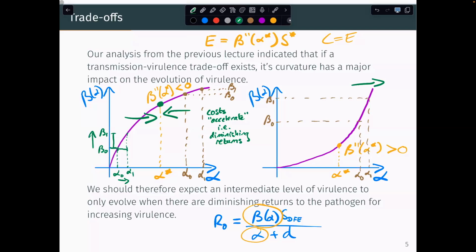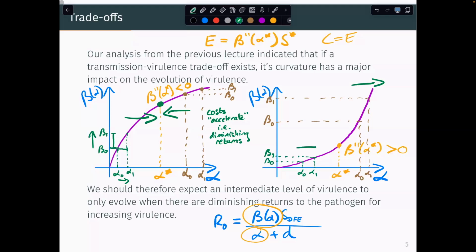Conversely, if we are on the left-hand side, a relatively normal change in alpha, compared to this brown one over here, leads to a very small change in beta.